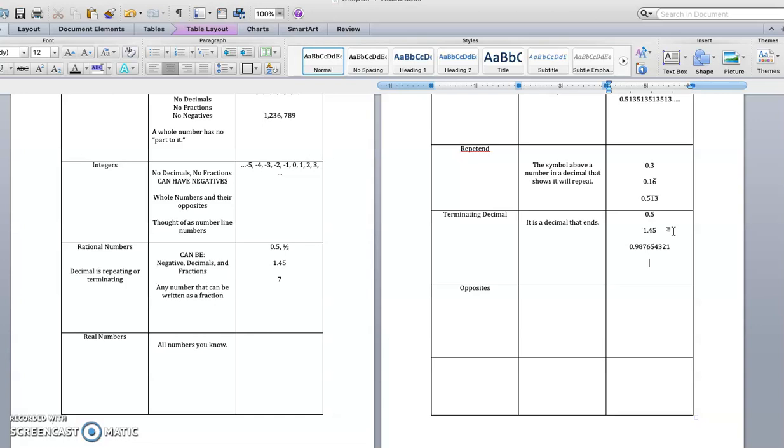They are terminating decimals. Finally, opposites doesn't really have anything to do with a decimal number, but opposites is a positive and negative number the same distance from 0 on a number line.